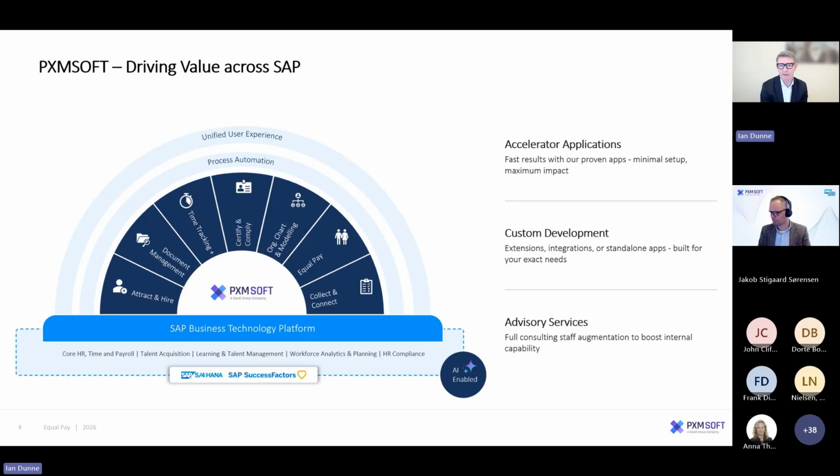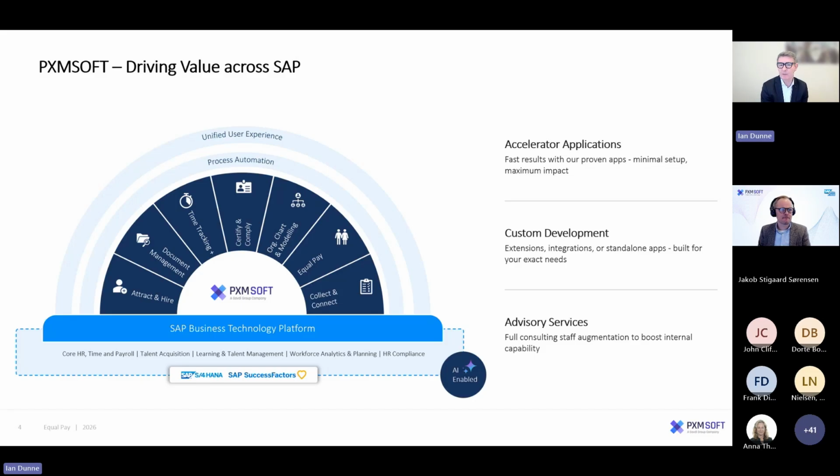We are working with many organizations doing custom development as well, where we look at the specific requirements of your organization and, in 8 to 12 weeks, build apps that will tackle those specific problems with a smart, automated, and of course AI-driven solution where possible.